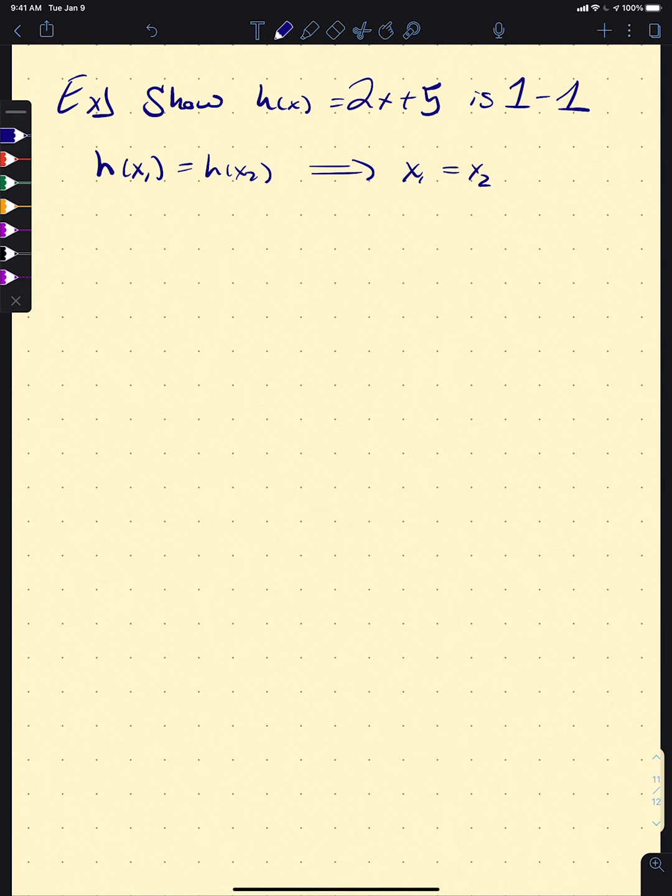And we can do that by just writing down a series of equalities that imply one another. So let's say h of x1 equals h of x2. Well, that would mean we can just plug that in here. That would mean that 2 times x1 plus 5, that's our definition of h of x1, and our definition of h of x2 is 2 times x2 plus 5, okay?